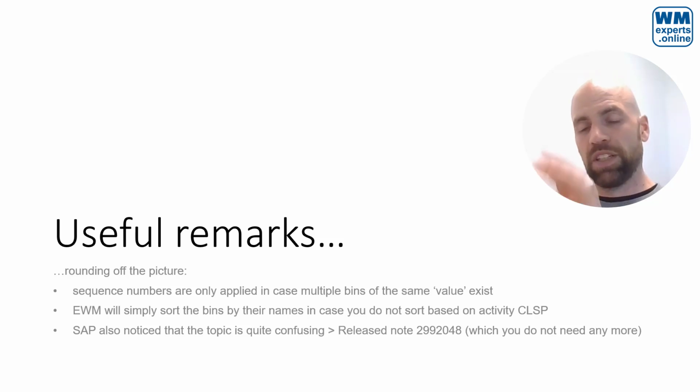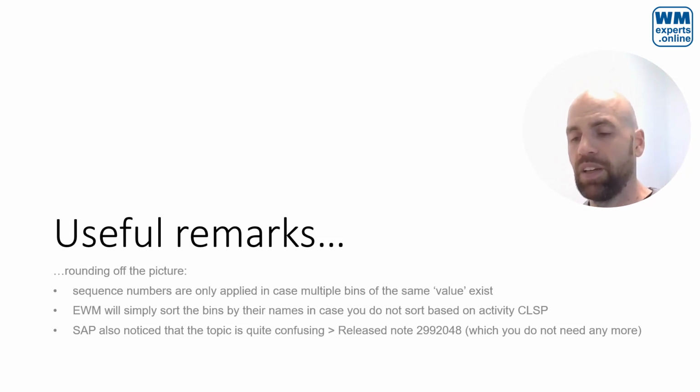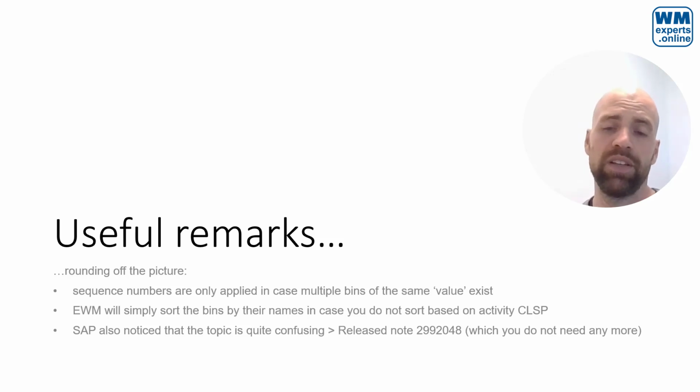Because if you have different bins with different HU types, different sections, and your object, your HU to be put away, then of course always try to find the most optimal one. And if only one exists, then we don't need to sort anything. Only if more than one bin with the same value in terms of put-away strategy is there.